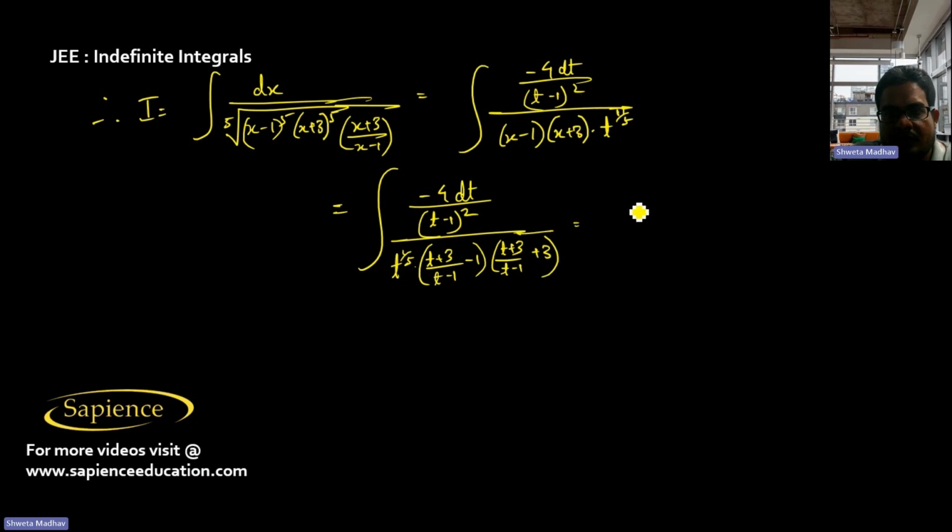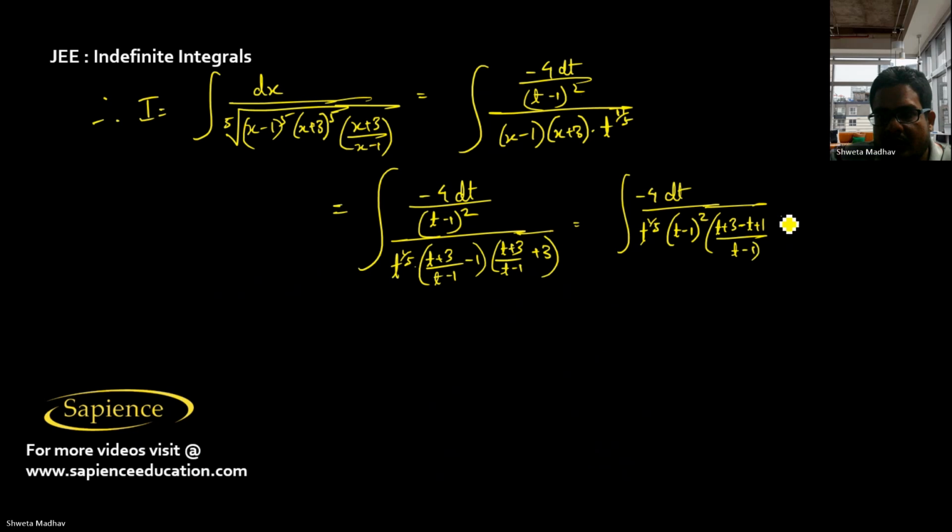So now this will be integral of minus 4 dt by t power 1 by 5 into (t minus 1) whole square into (t plus 3 minus t plus 1) by (t minus 1) into (t plus 3 plus 3t minus 3) by (t minus 1).